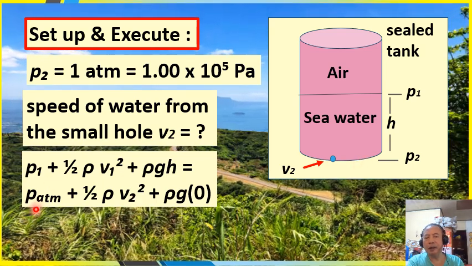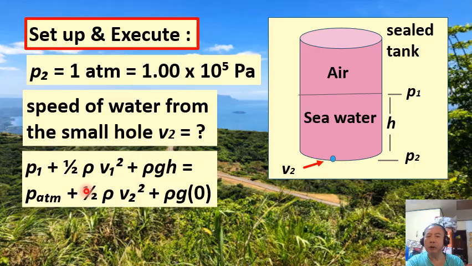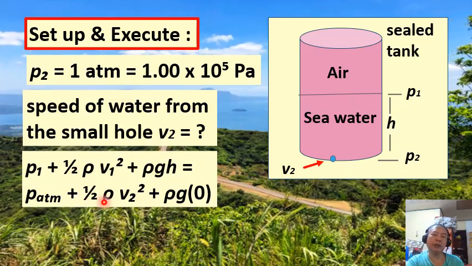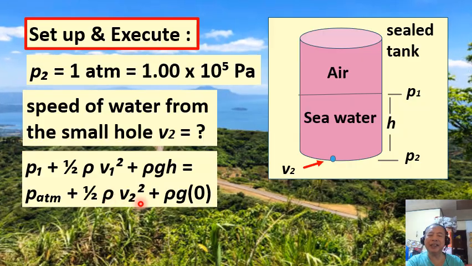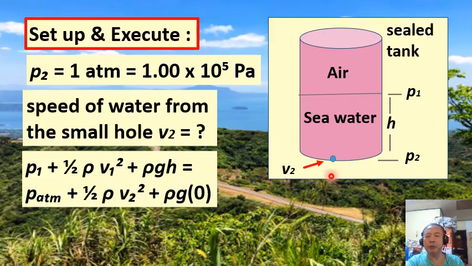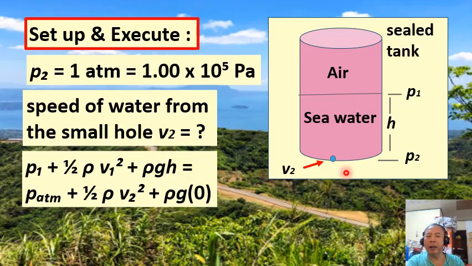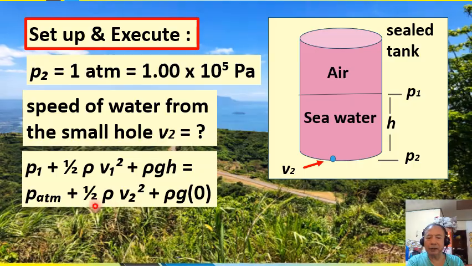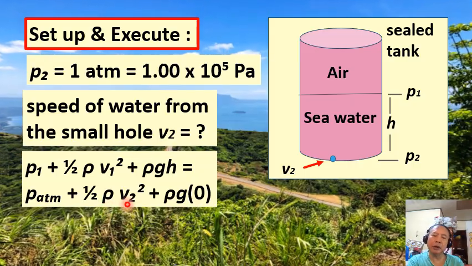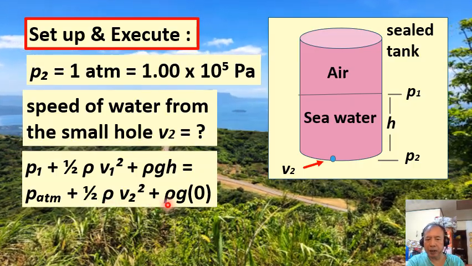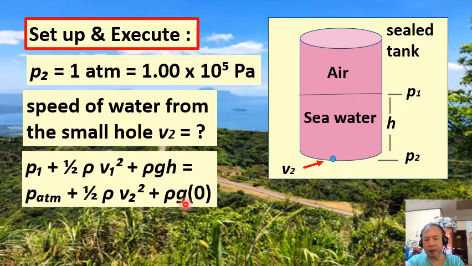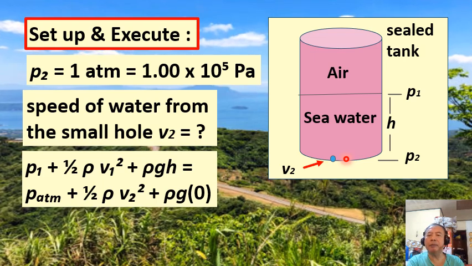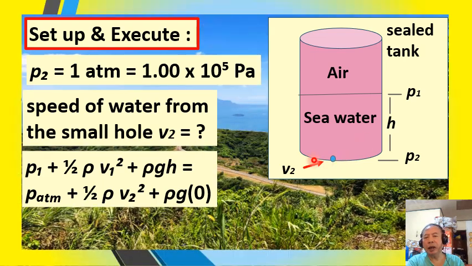These are the atmospheric pressure, denoted by P sub 2, plus the pressure associated to the kinetic energy per unit volume of the seawater at the bottom of the tank, one half the density of seawater times v sub 2 squared, plus the pressure associated to the gravitational potential energy of the seawater at the bottom.